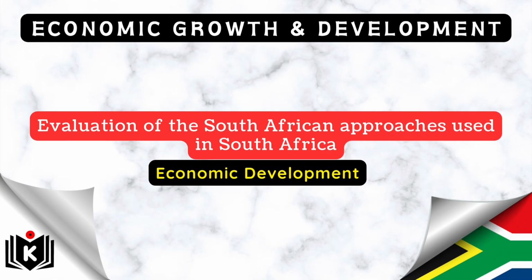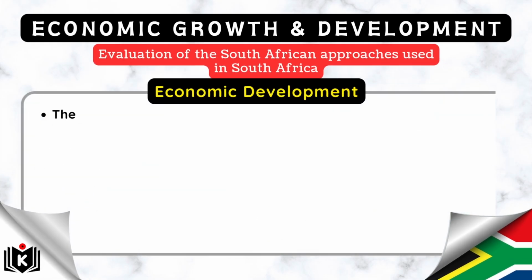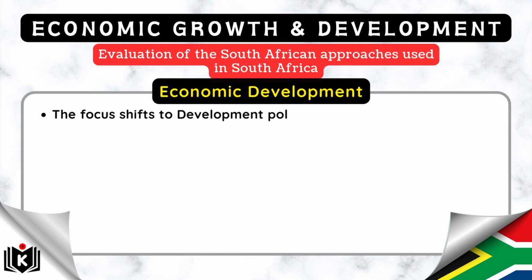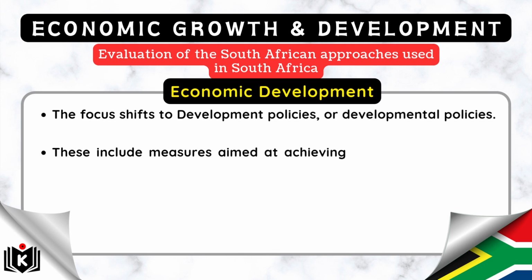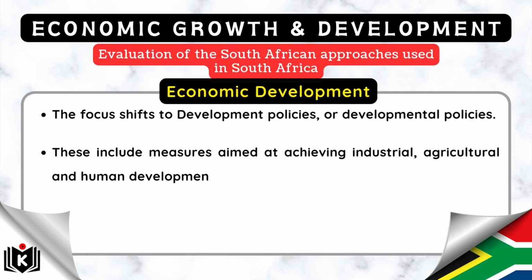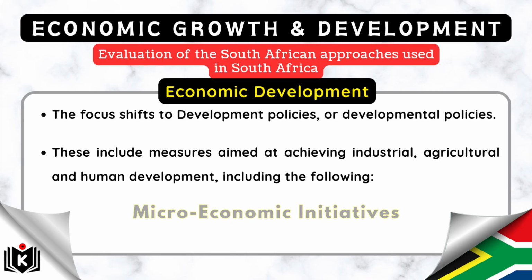Let's now look at economic development, where the focus now shifts to development policies, or developmental policies. These include measures aimed at achieving industrial, agricultural and human development, including microeconomic initiatives, which facilitate increased competition, opening up of resource markets, enabling of land use, as well as improved environmental policies.